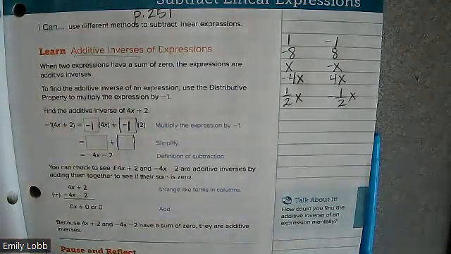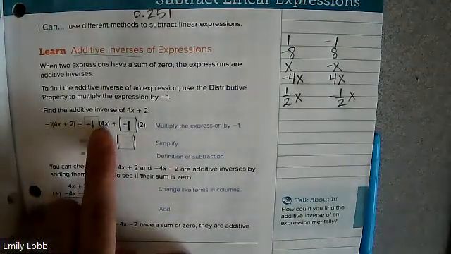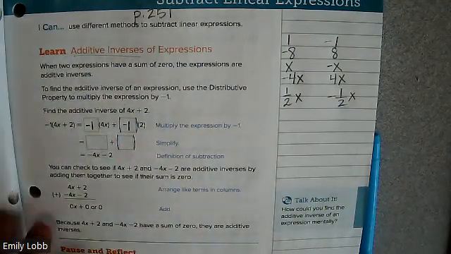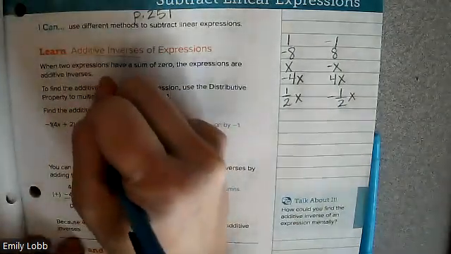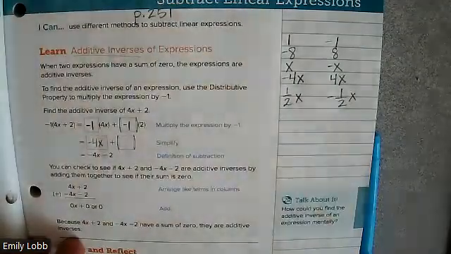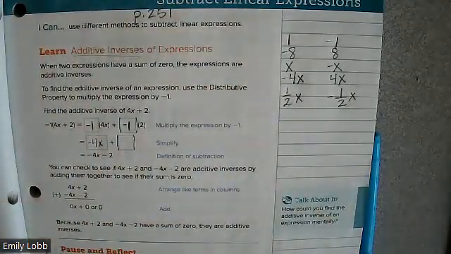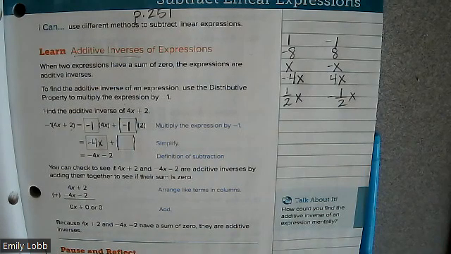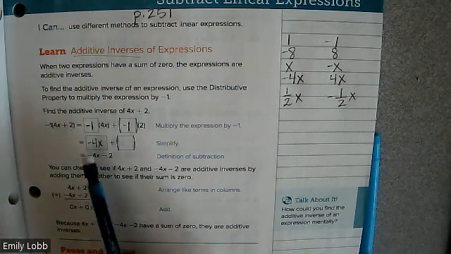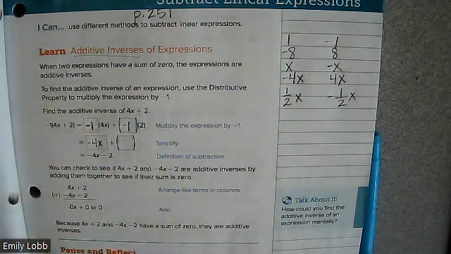And then we just need to do that. So what's -1 times 4? -4x. Remember our integer rules for multiplication and division. Negative times a negative is positive. But if our signs are different like they are here, it's negative when we're multiplying.